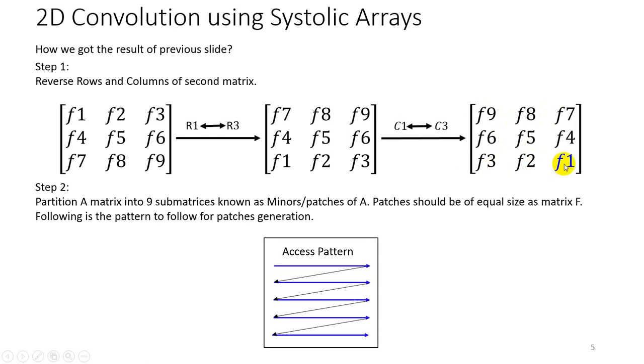In the next step, we take this filter and we perform simple element wise multiplication on the patches of input matrix A. The patch should be equal to the size of the filter. We then scroll this filter over the image in this pattern.